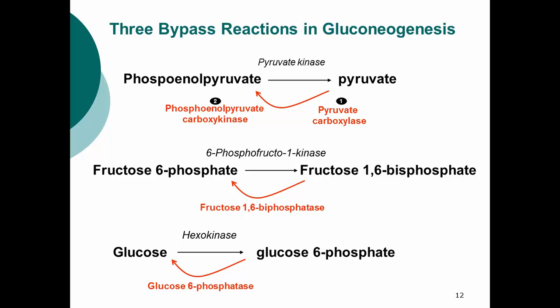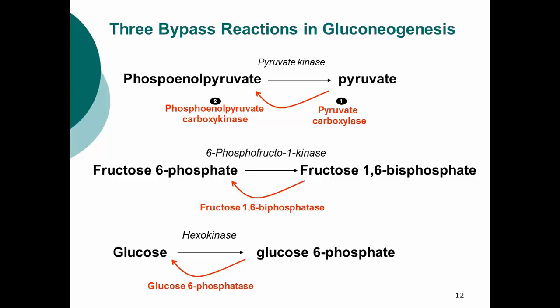These two enzymes, pyruvate carboxylase and phosphoenolpyruvate carboxykinase, are the two key enzymes that work together and can convert pyruvate back to phosphoenolpyruvate, right? So these two are the key enzymes in the gluconeogenic pathway, right?